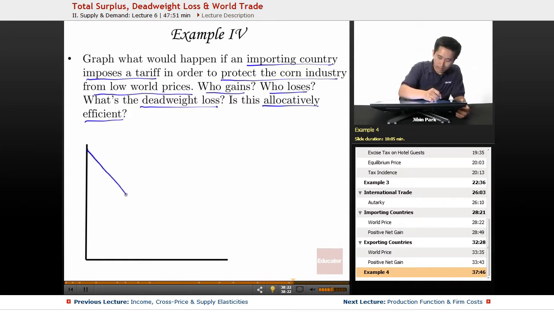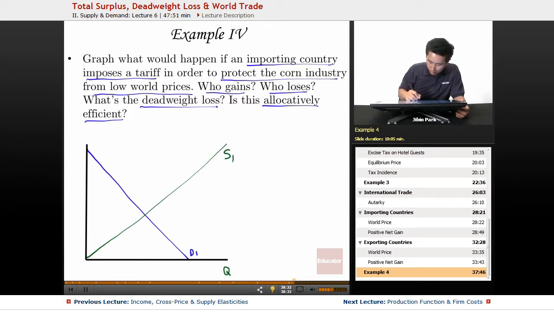So let's take a demand here of corn, D1, and let's take a look at the supply of corn, S1. So here's Q, and here is P, and here's corn.